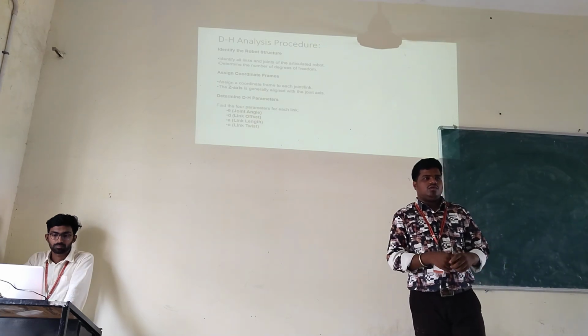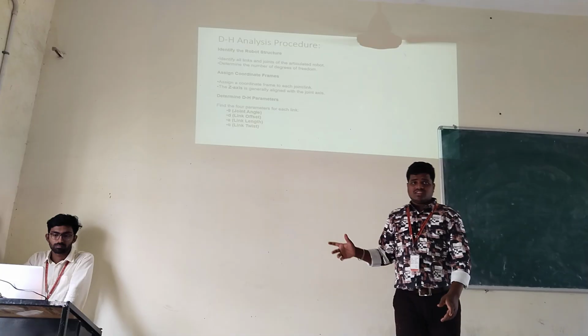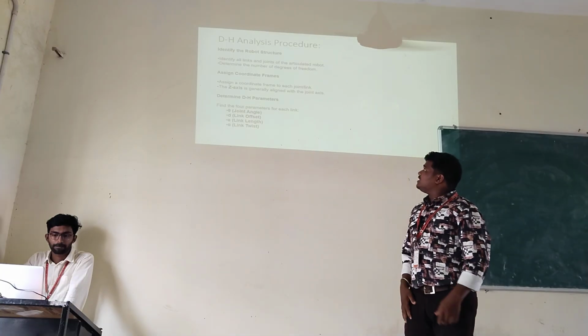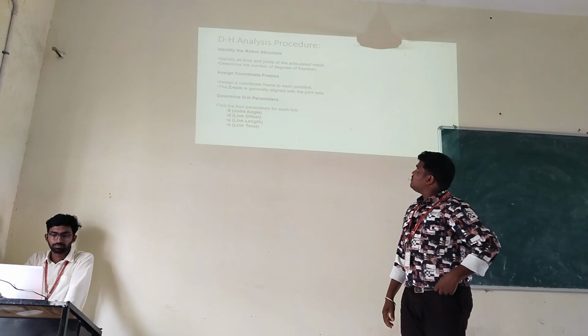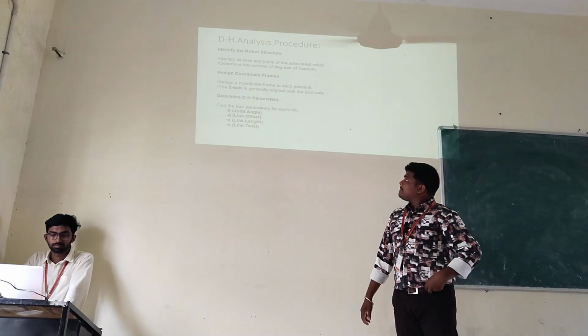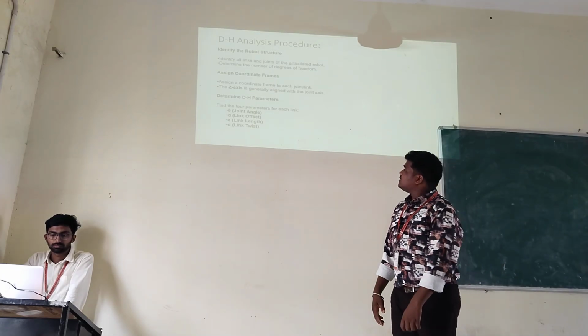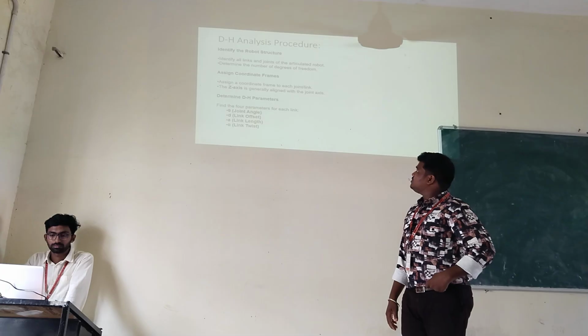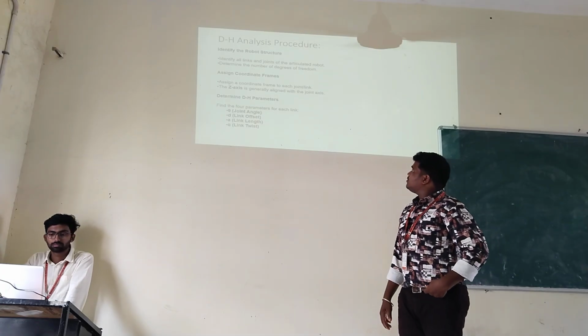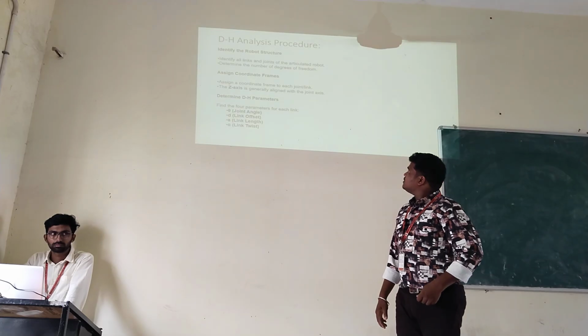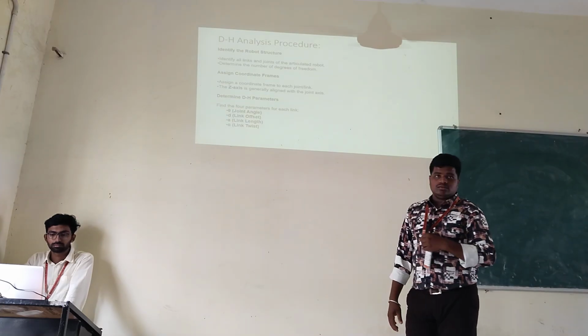According to the working environment, we can design the robot. Identify the links and the joints of the articulated robot. Determine the number of degrees of freedom. Assign a coordinate frame to each joint or link. The Z axis is generally aligned with the joint axis.